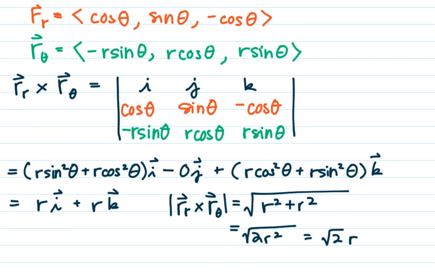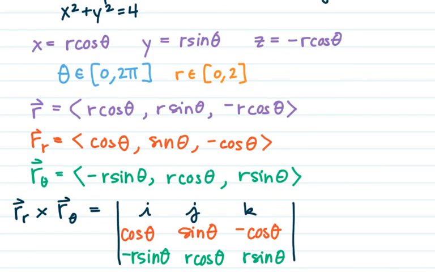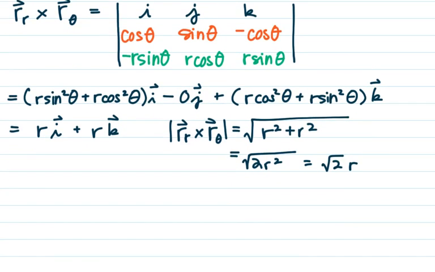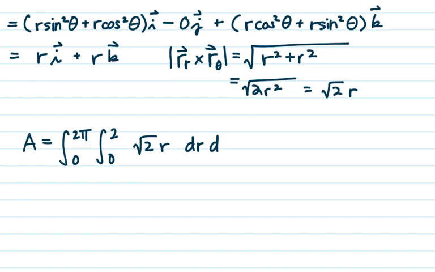So now that we've found this, root 2 r, and we know our bounds, 0 to 2 and 0 to 2 pi, we can set up our surface area integral. So my surface area is going to be the integral from 0 to 2 pi for theta, 0 to 2 for r, of the square root of 2 r, dr d theta.